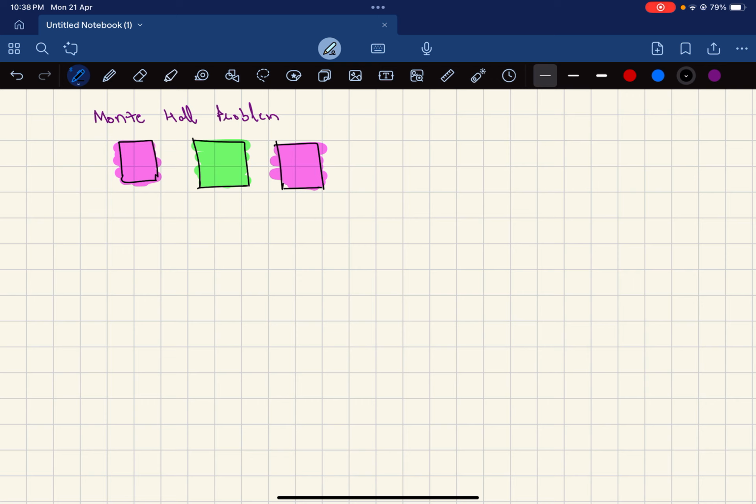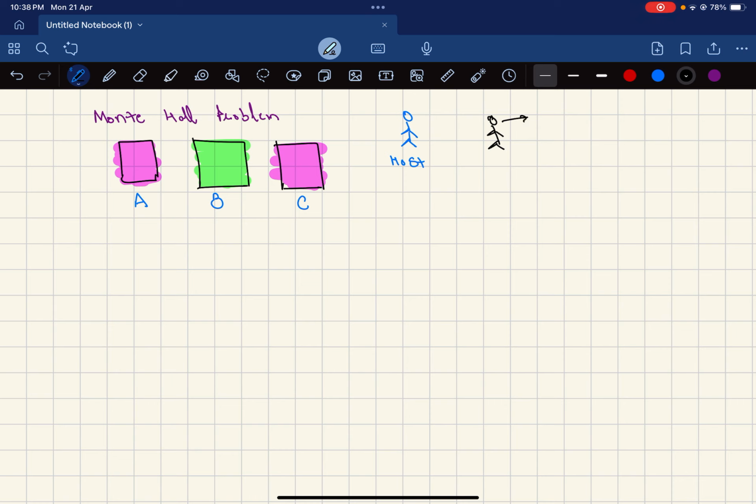Let us say, just for the sake of naming them, we call these doors A, B, and C. And let us say now there's a game host. He asks the contestant to select a particular door.